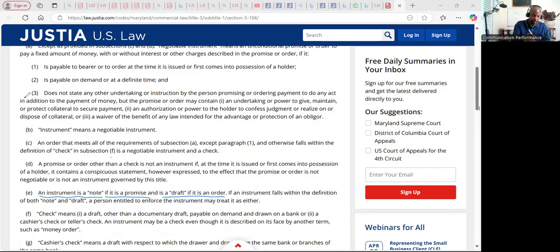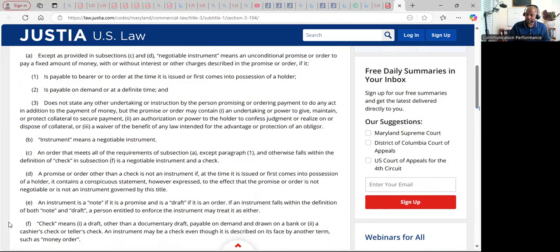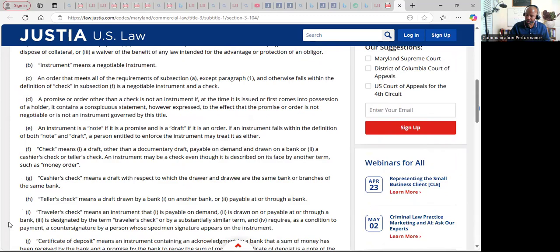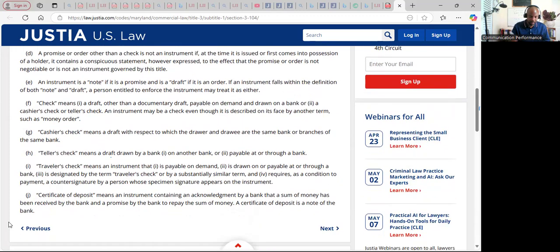Okay, so let's erase this, get out of there, and then let's go to the definition of a certificate of deposit.